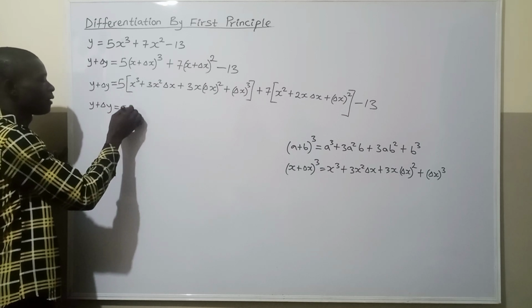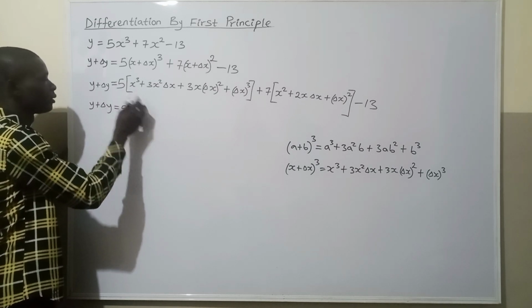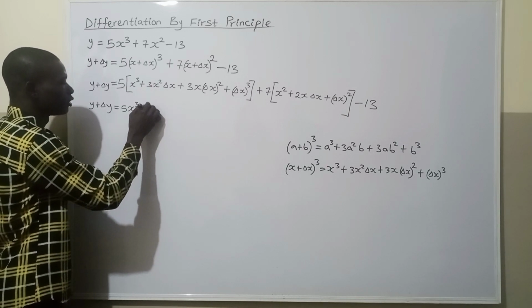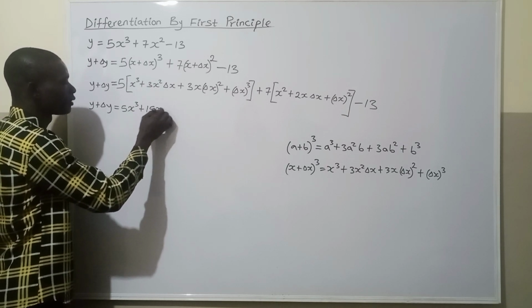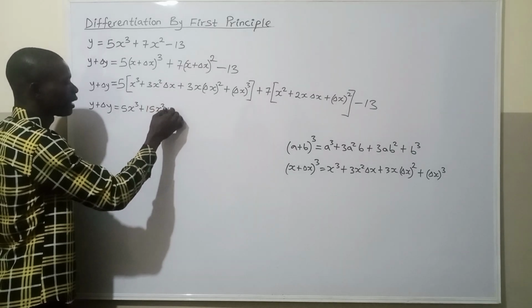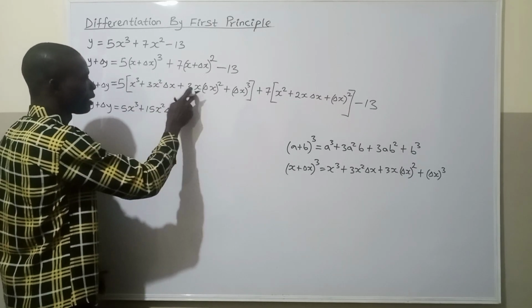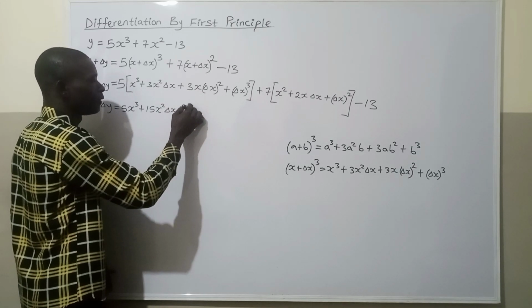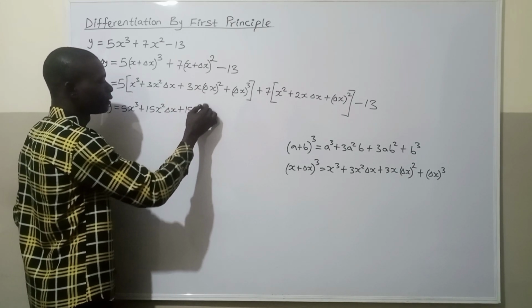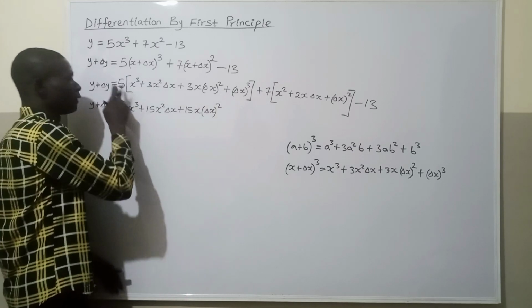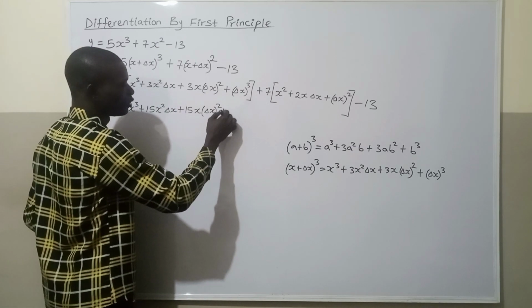That's going to be 5x cubed plus 5 multiplied by 3x squared delta x, that's going to be 15x squared delta x. And then plus 5 multiplied by this, that's going to be 15x delta x squared.